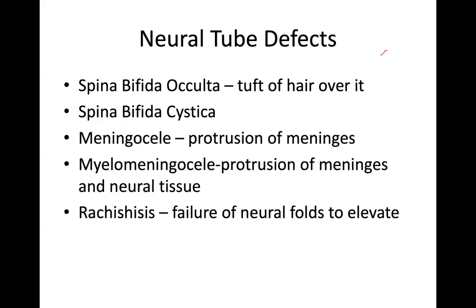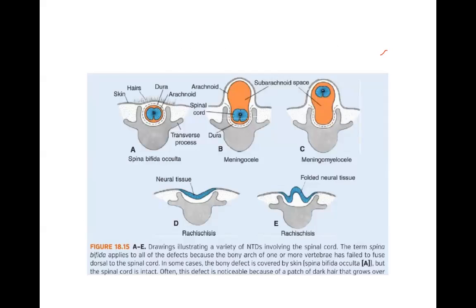I'm going to show you a diagram. Now, I told you that this is under neural tube defects, but this is also due to anomaly of the vertebra or the skeletal system. Now, the gray area that you see in diagram A is the developing vertebra.